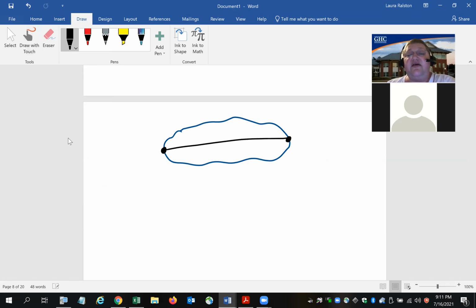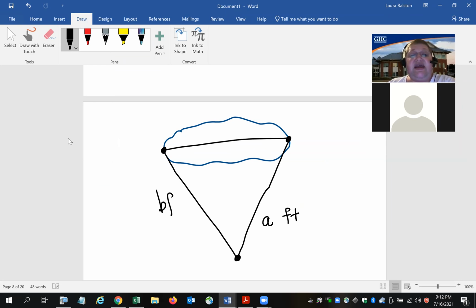So the surveyor marks off a spot that is A feet from one end and is B feet from the other end, and you have this angle in between, which is angle C.